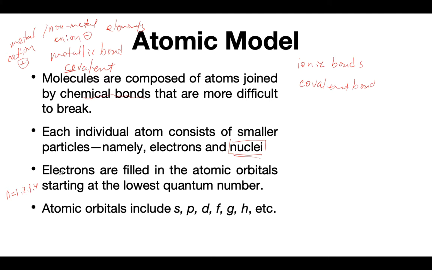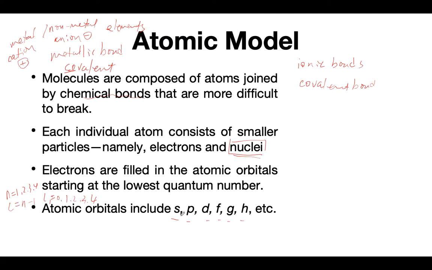And according to that n, we have l equal to n minus 1. So according to the value of l, that can be equal to 0, 1, 2, 3, as well as 4, or any higher. Then the corresponding atomic orbitals are called s, p, d, f, g, h.